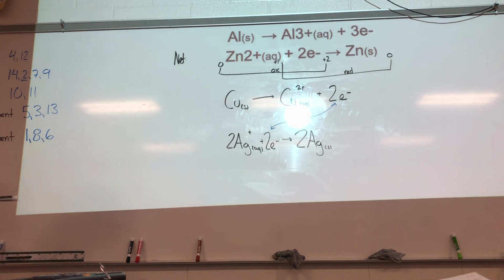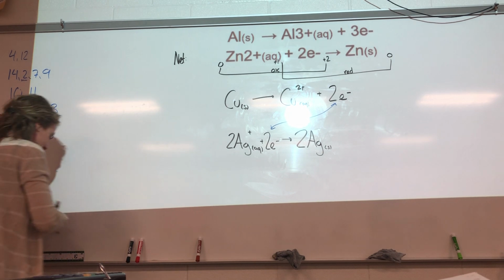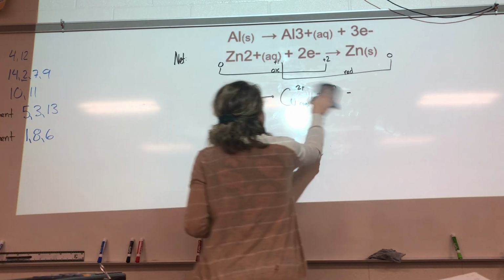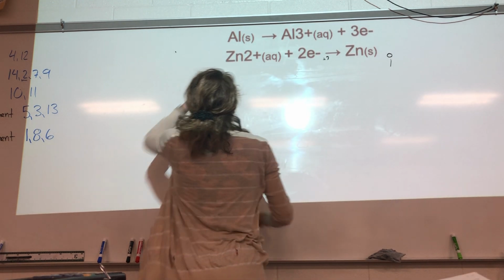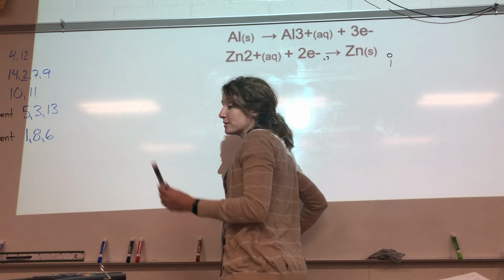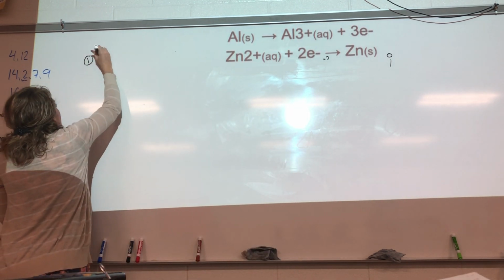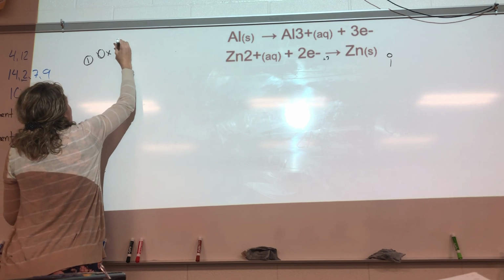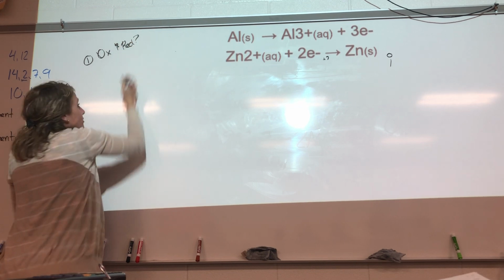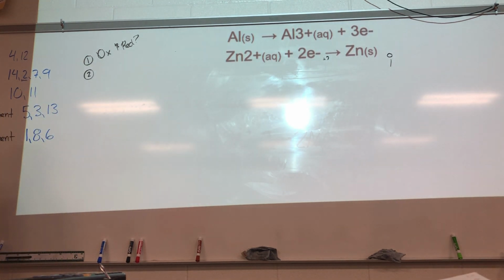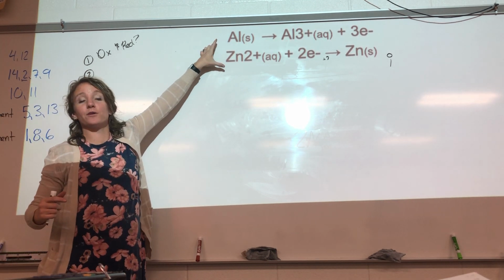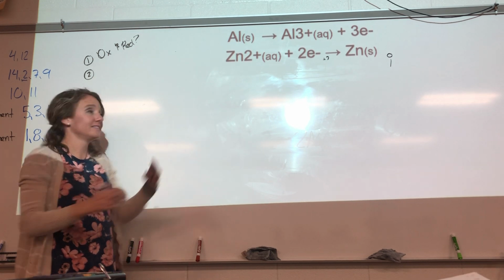All right, next smiley face question. With your table buddy, you're going to do these 2 things for me. With this new equation, you're going to label which one is being oxidized and which one's being reduced. So step 1, tell me what's being oxidized and what's being reduced. So label the reactions. Step 2 is you're going to do the reverse of what we just did. We had an overall that we broke into 2. I'm giving you 2. I want you to combine it into 1.